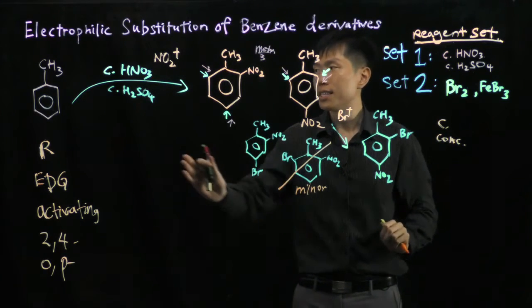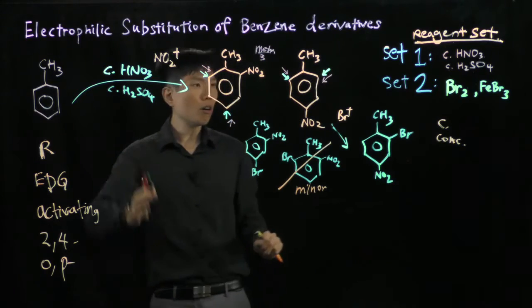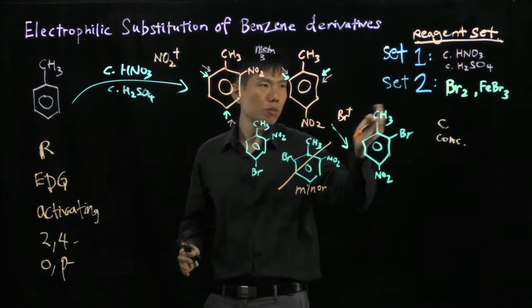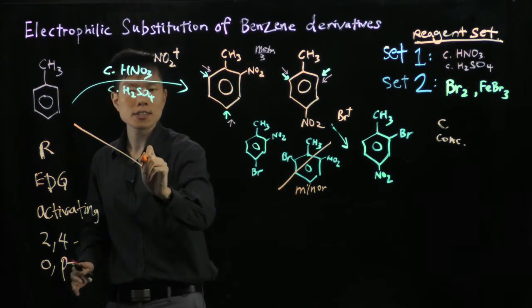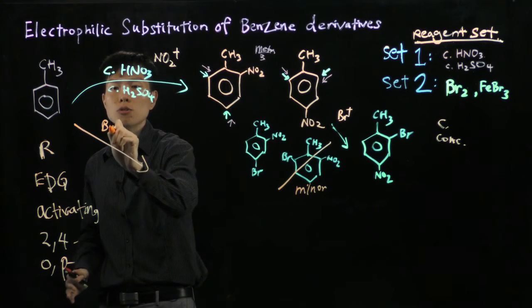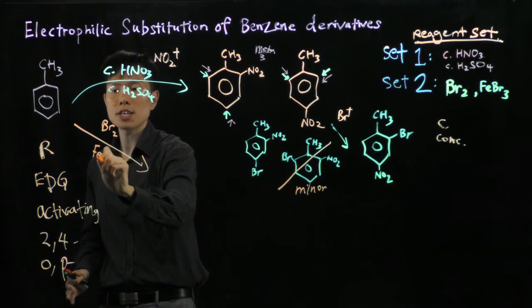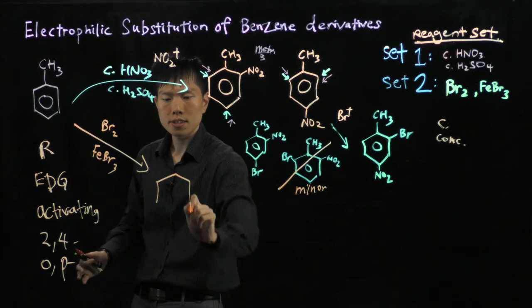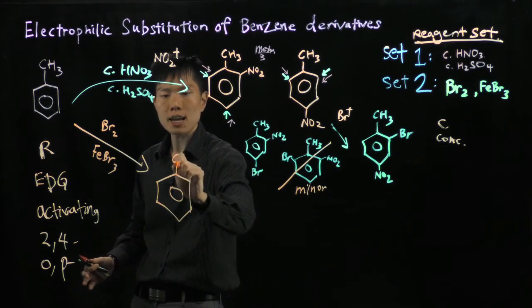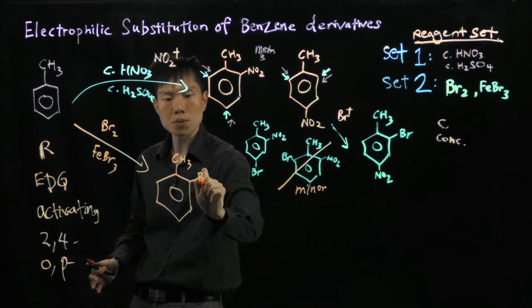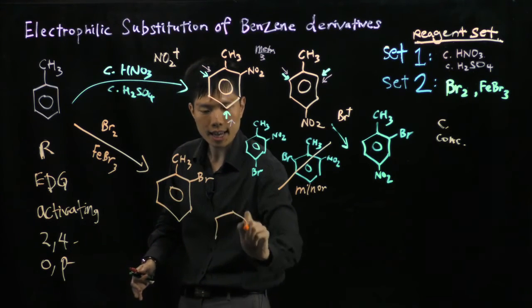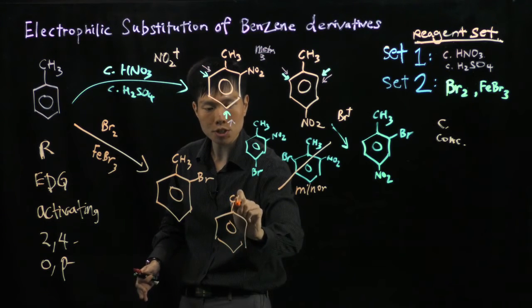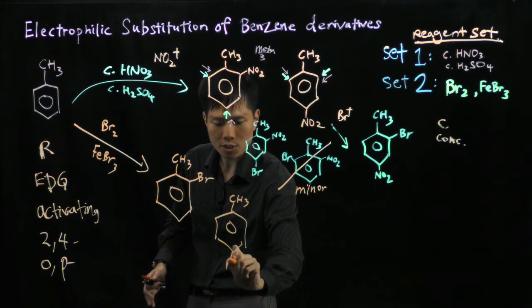Now, if you change the order of adding set 1 and 2, that means we begin with adding the bromine first, Br2, FeBr3. Likewise, in the first step, the Br could go here and the fourth position. Okay? There's no debate.